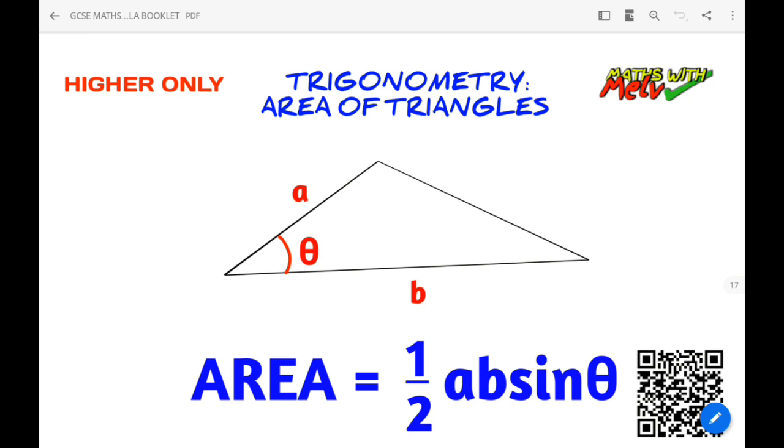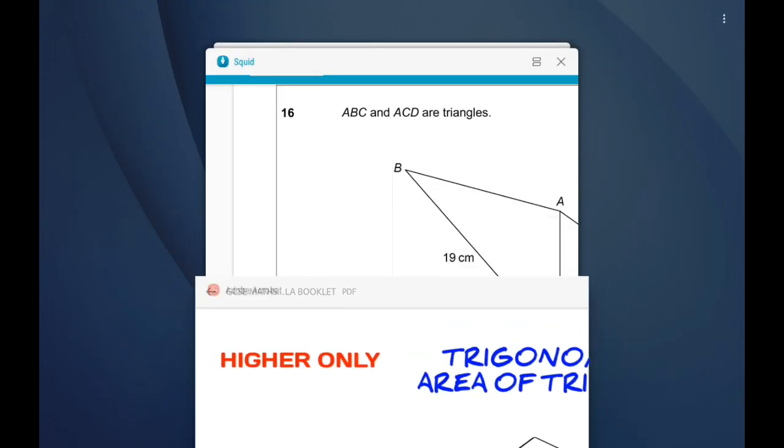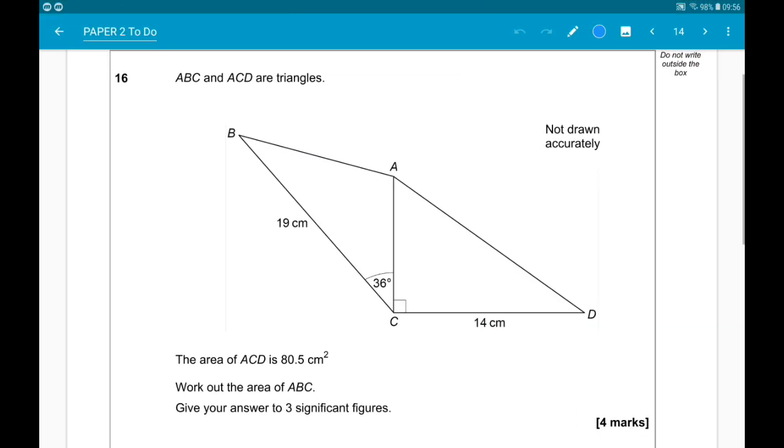So here's the page from my formula booklet. If you haven't checked out this video yet, it's linked down below with all the formulas you need to know. So to work out the area of a triangle with trig, we need an angle and the two sides coming out of it. So the problem at the moment is we only have one side coming out of the angle.